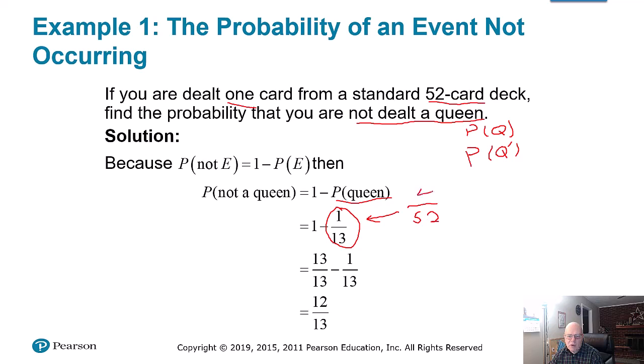And there are 4 queens in the deck. Reduce that and you get 1 over 13. That's the probability of getting a queen. To get the probability it's not a queen, you just subtract that from 1, as is shown right here. So your probability is 12 over 13. And you can change that to a decimal if you like.